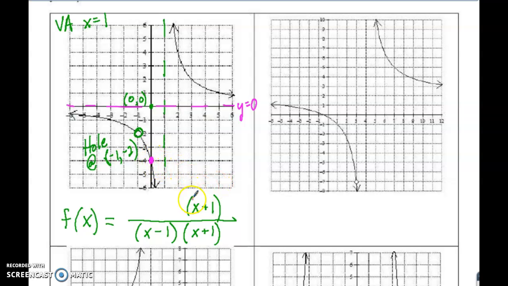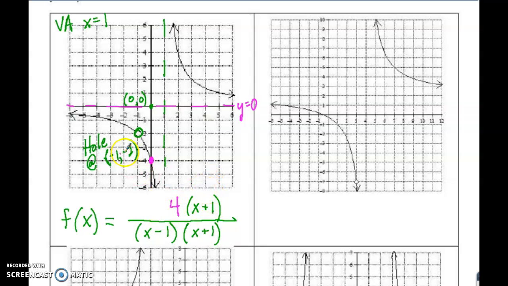Well, how do you get a y-intercept of negative 4? If x equals 0, you'd have negative 1 on bottom. And if x is 0 here, you'd have positive 1. Well, 1 over negative 1 would give me negative 1. But if I get a y-intercept of negative 4, I can just multiply it by 4.